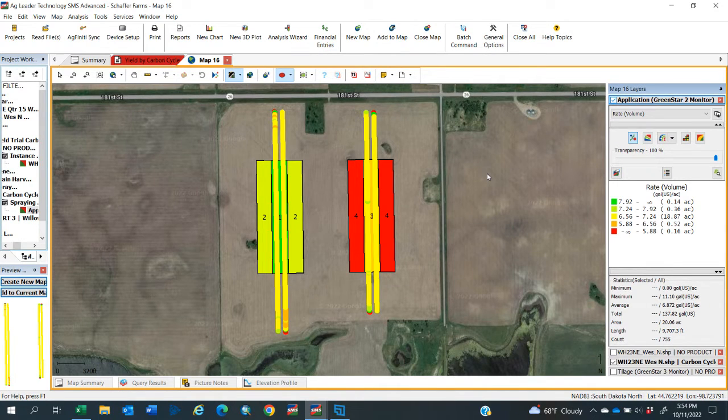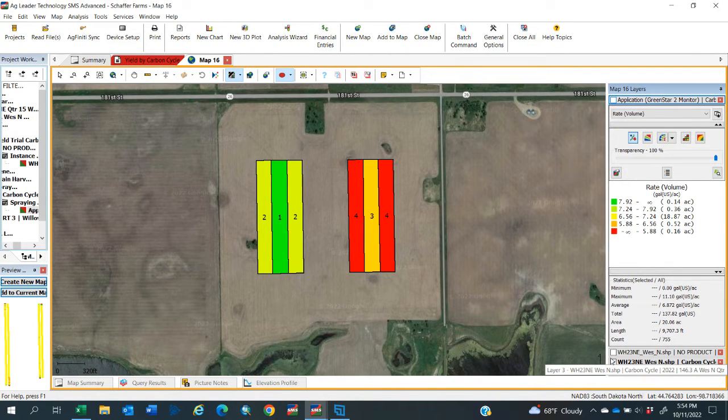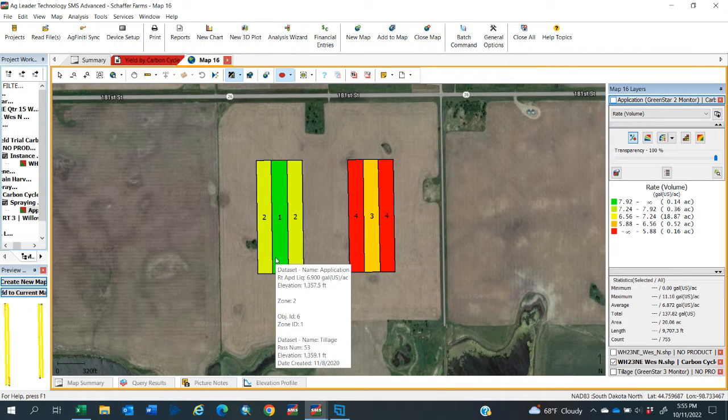So that's the first step. The second step I had to come up with was, okay, now this is managed by soil type. So I need to be able to separate each soil type within each of these areas, so I'm not comparing this whole area as one soil type against these two areas as a different soil type.